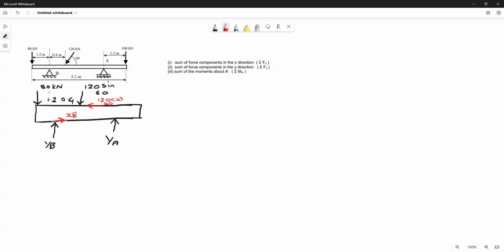So next, we've then got another distance, which in this case would be 1.5. And then from that point, we've got a force acting on the end, which is obviously 100 kilonewtons.